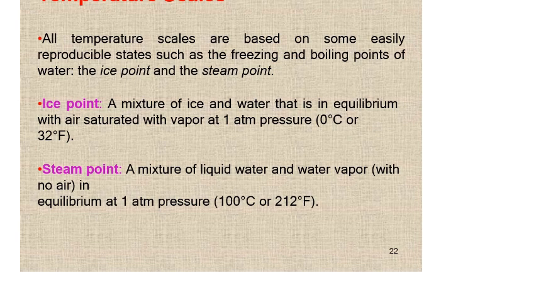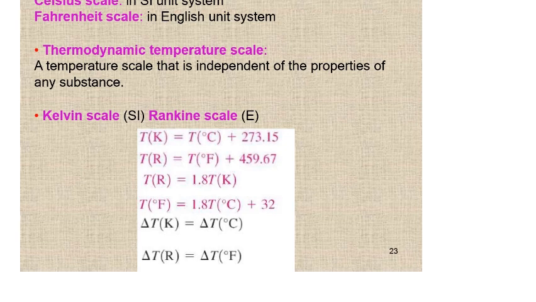So here we have some temperature scales. What is an ice point? Ice point is at 0 degrees Celsius, and steam point is at 100 degrees Celsius. Here we have the Celsius scale and Kelvin scale, which belong to the SI unit system, while the Fahrenheit scale and Rankine scale belong to the English unit system.